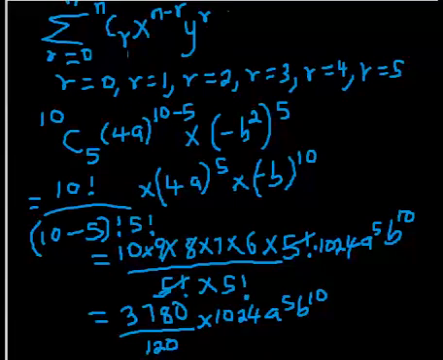I hope I'm not mistaken. So I have 252, then times 1024, which is approximately 258048, then a raised to the power of 5, b raised to the power of 10.